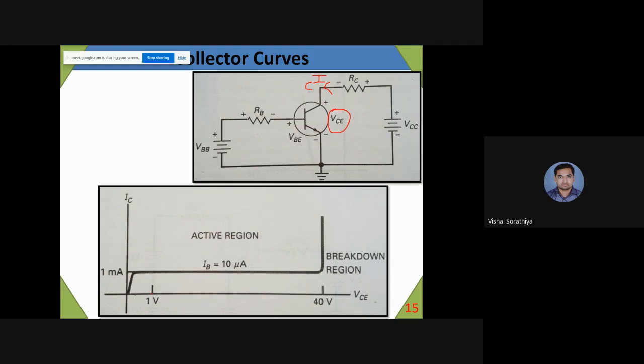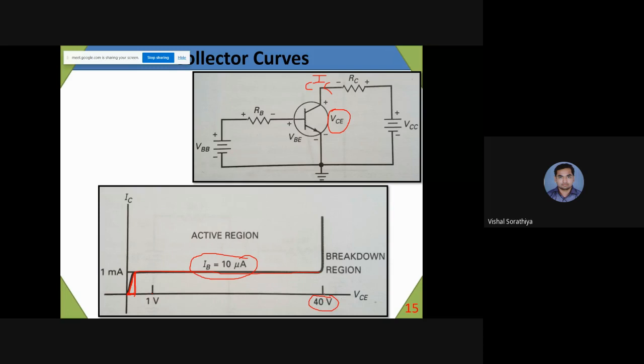Up to some volts, the current increases up to a few milliamperes. If you increase the power supply across this terminal in the initial condition, the current starts increasing at some level. After applying a sufficient amount of voltage, it becomes constant up to some higher voltage. Starting from 0.4 or 0.5 up to 40 volts, it works with a fixed amount of 10 microampere current.